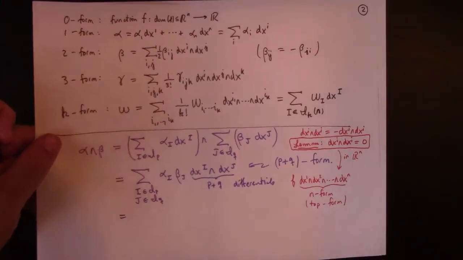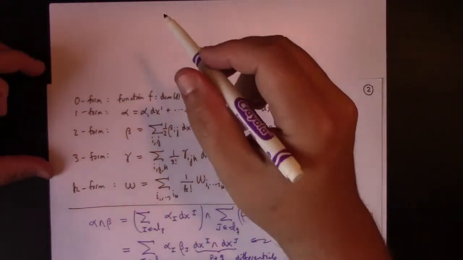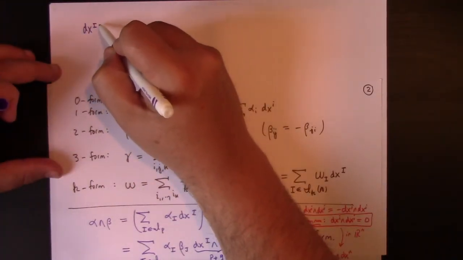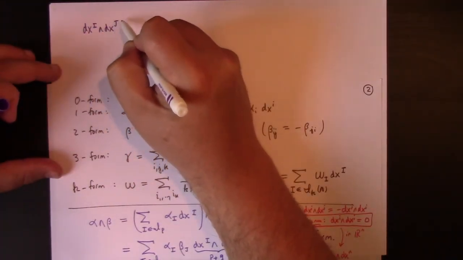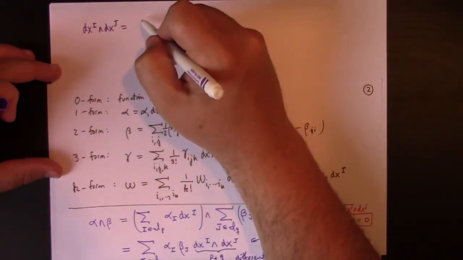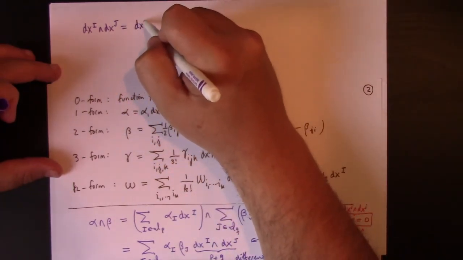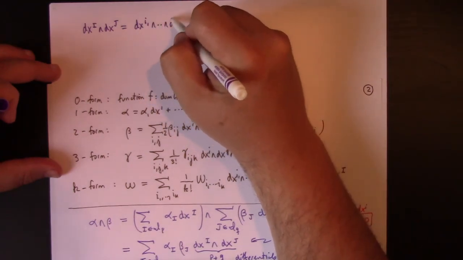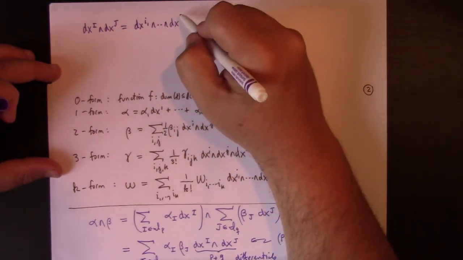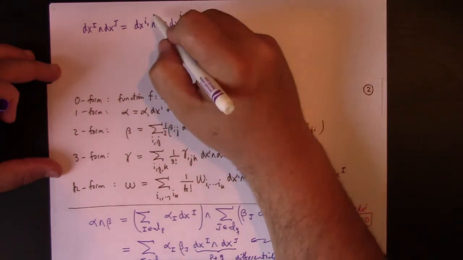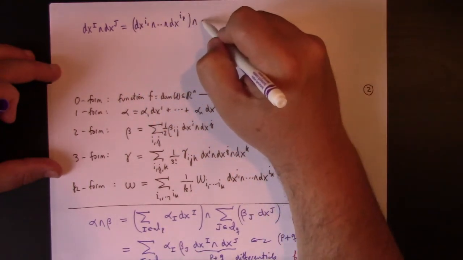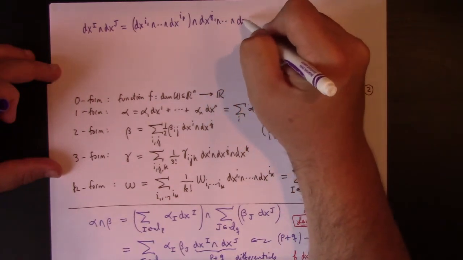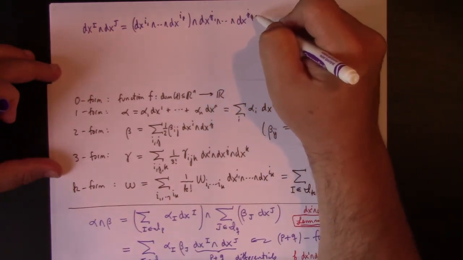I should think about it on a separate page up here for a second. So dxI wedge dxJ, that would be something like dxi1 wedge dot dot dot wedge dxip, I was a P-form, wedge dxj1 dot dot dot wedge dxjq, all right.